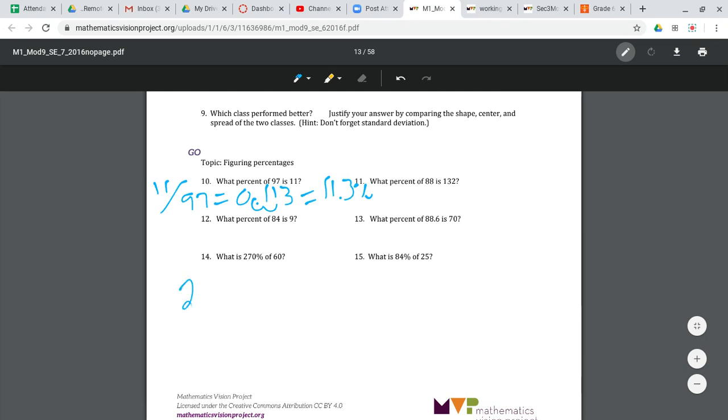So this is actually 2.7 times 60. So now we're going to multiply these 2 together, and we're going to end up with 162. So for 14 and 15, you are multiplying the percent by the value. And for 10 through 13, you're dividing the second number by the first number, and then you'll move your decimal twice to get your percentage.